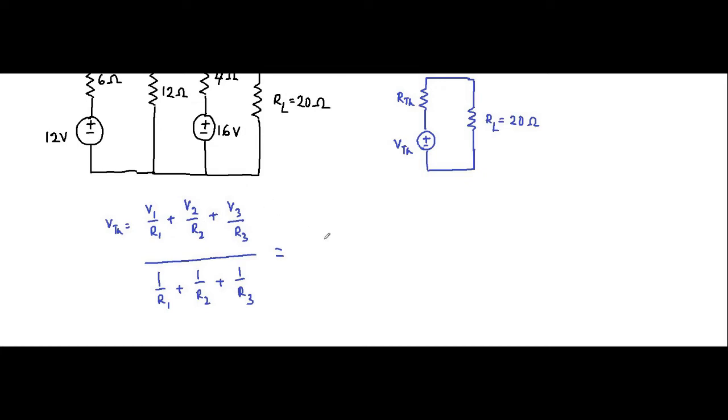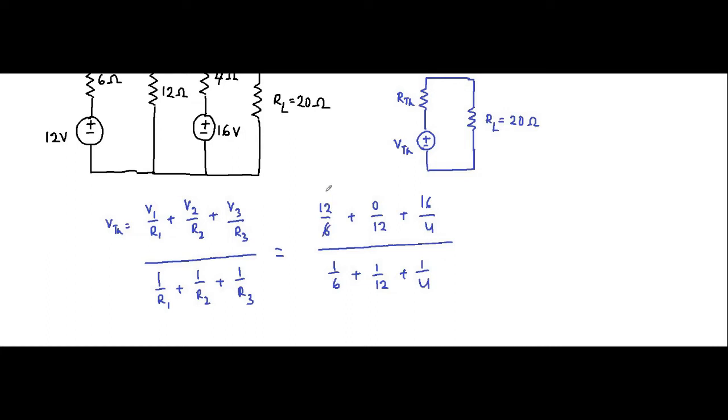So this will be 12 by 6 plus 0 by 12, V2 is 0, plus V3 16 by 4, R3 which is 4, and here it is 1 by 6 plus 1 by 12 plus 1 by 4.